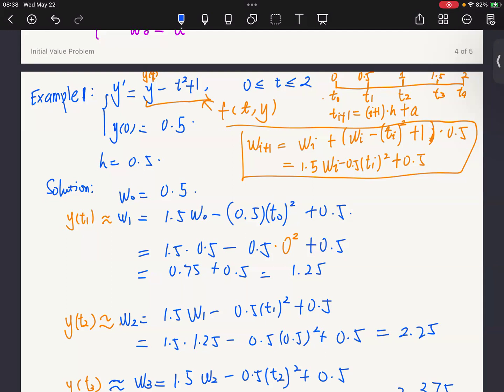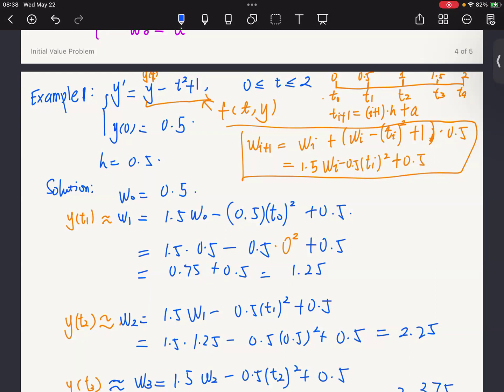Before I move to the calculation part, I would like one volunteer to write down something similar to this. What is the updating rule for the step size H equal to 0.2?